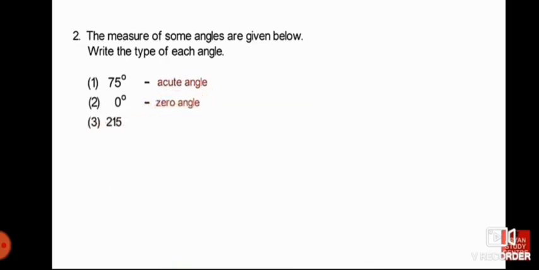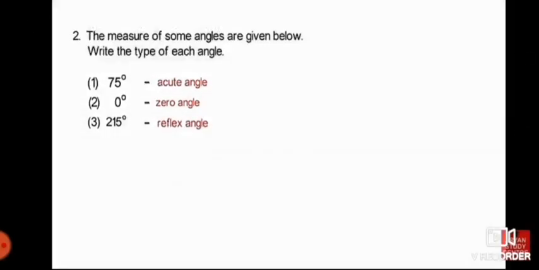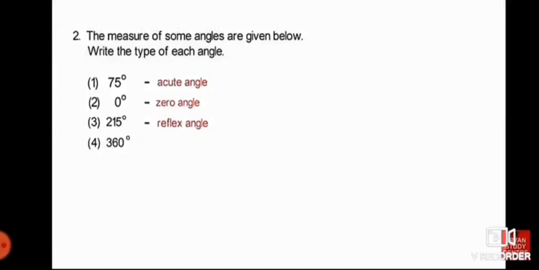The third question, 215 degrees. This measure is greater than 180 degrees and less than 360 degrees. Thus this type of angle is called a reflex angle. Question number 4, 360 degrees. Is it a complete measurement of a circle?